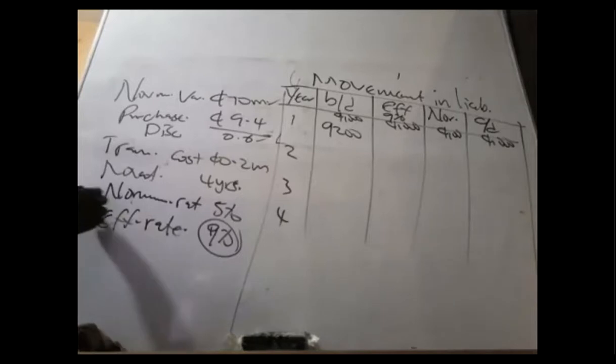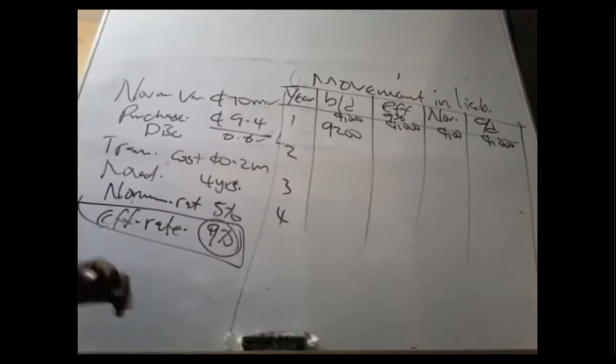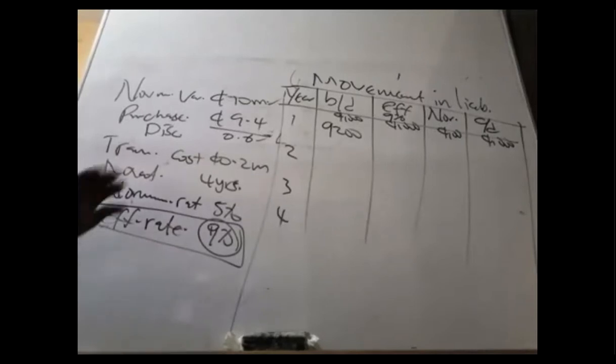If you should have gone to the market, that is the market rate, and that's the internal rate of return. Good. That is the rate. Now, what happened is this.